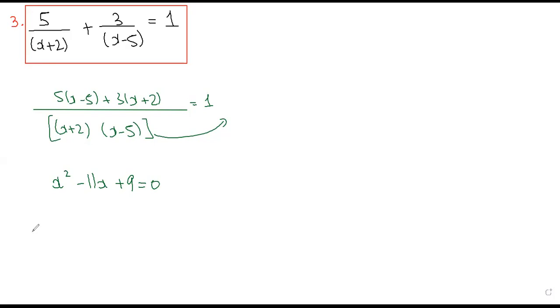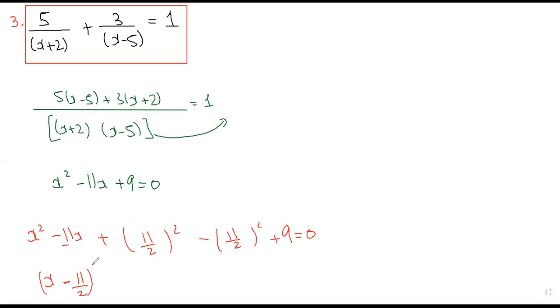We write it down. x squared is already alone, the coefficient is 1. x squared minus 11x, I need to add and subtract the square of half of this number, 11 by 2, and then plus 9 comes as it is. This gives me x minus 11 by 2 whole squared, and then we have minus (11 by 2) squared plus 9 equals 0.